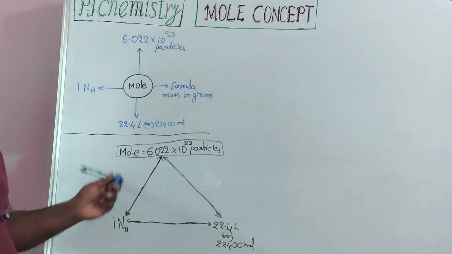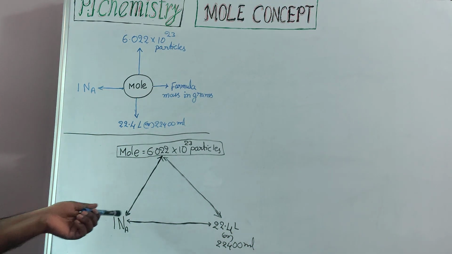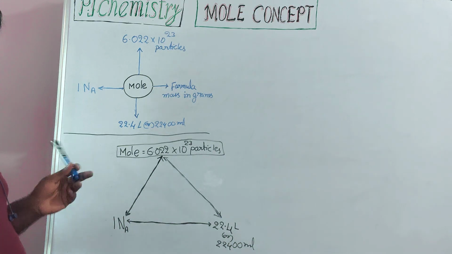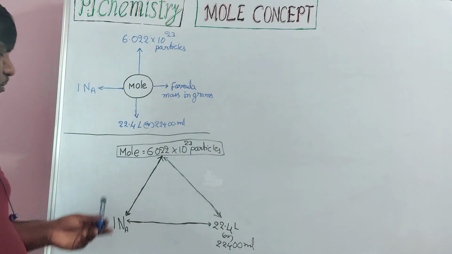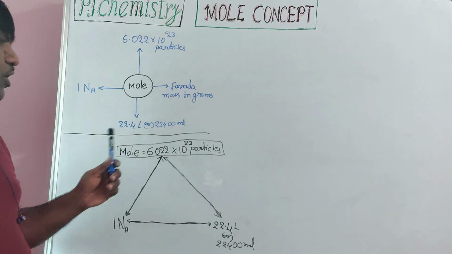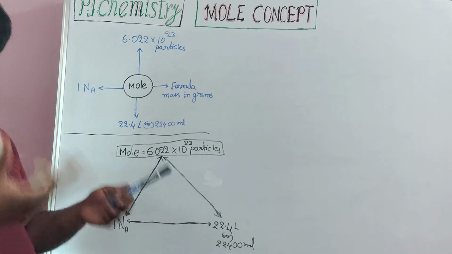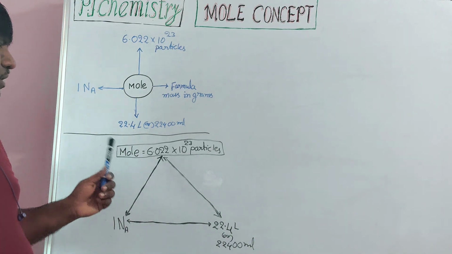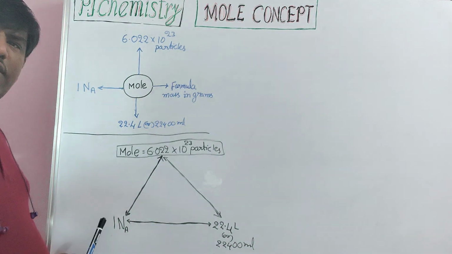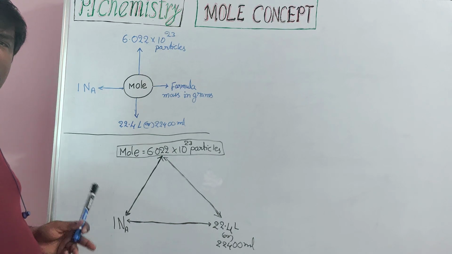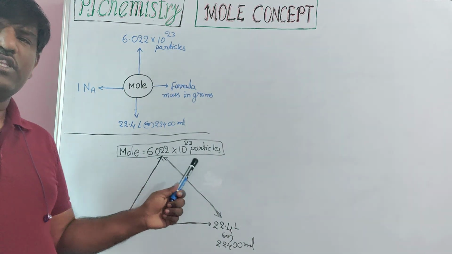Next, mole to Avogadro number. 1 mole of any gas contains how many Avogadro numbers? 1 Avogadro number. 1 Avogadro number of any gas contains how many moles? 1 mole. 1 Avogadro number of any substance contains how many particles? 6.022 into 10 power 23 particles.